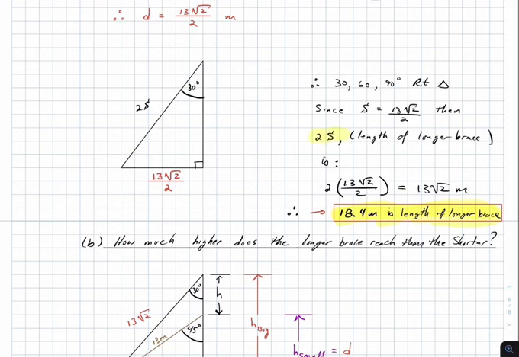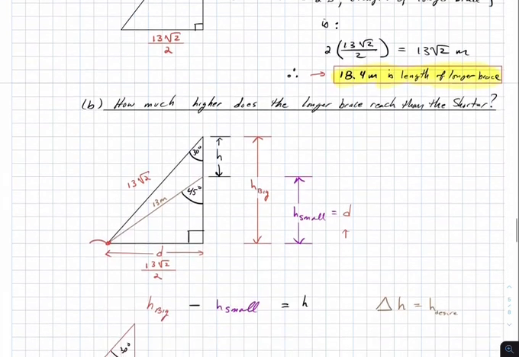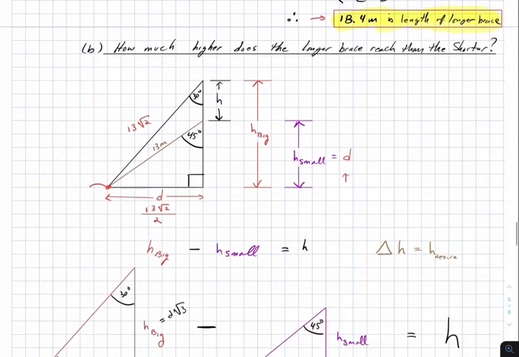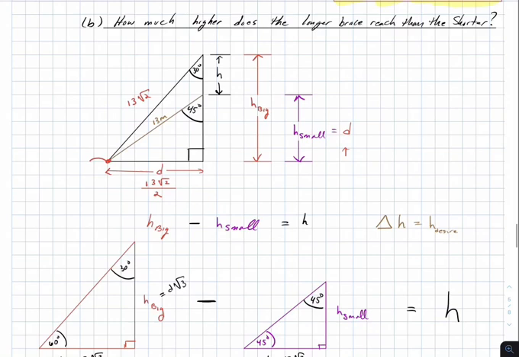So 2s, when we know that s is 13 square root of 2 over 2. Okay? Make your small solution.